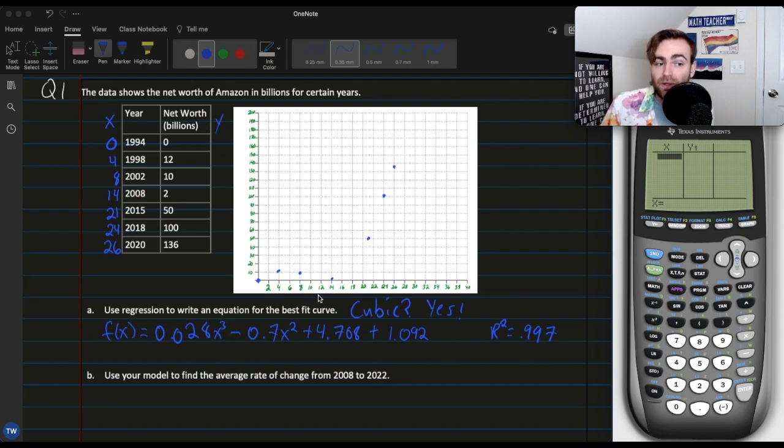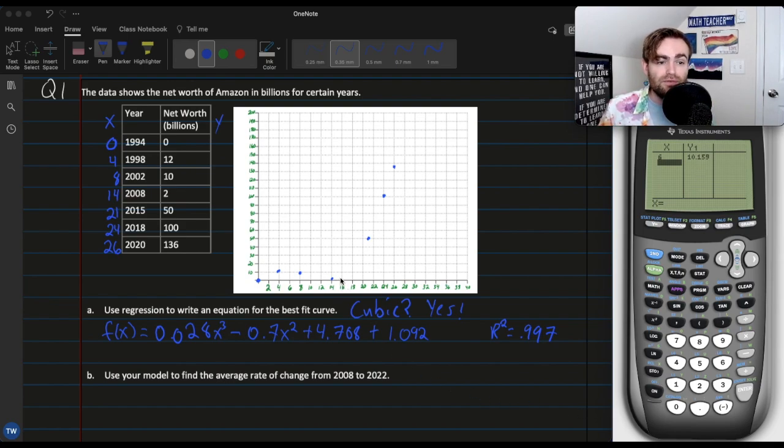So for example, if I want to know what happened in 2000, 6 years after 1994, I would do 6, enter, and it looks like it should be about $10 billion or $10.1 billion in the year 2000.